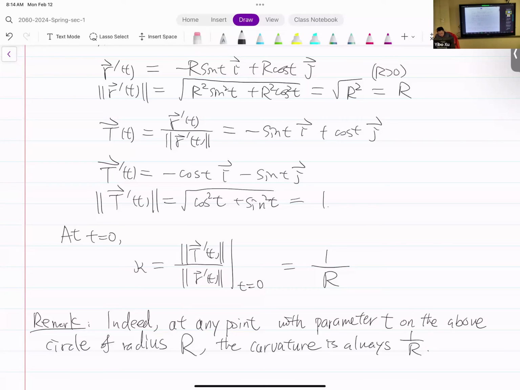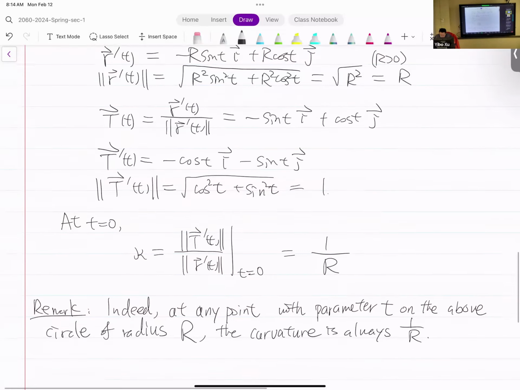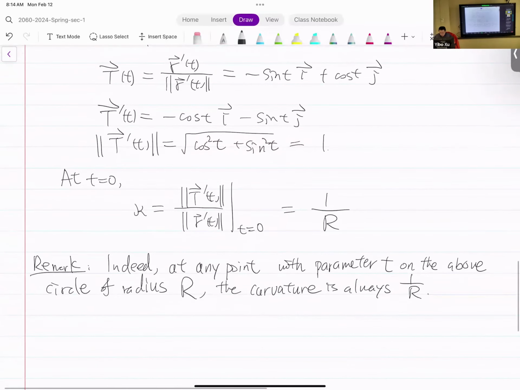Okay. So this is really intuitive in the sense that a circle is symmetric with respect to its center.